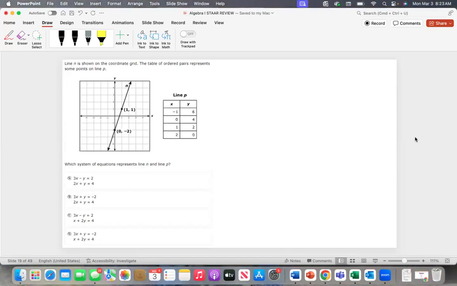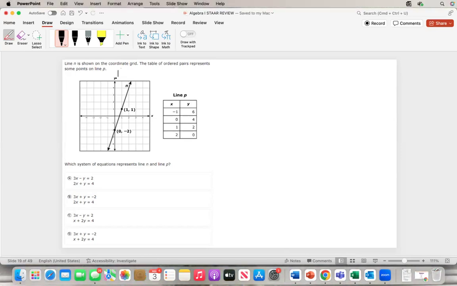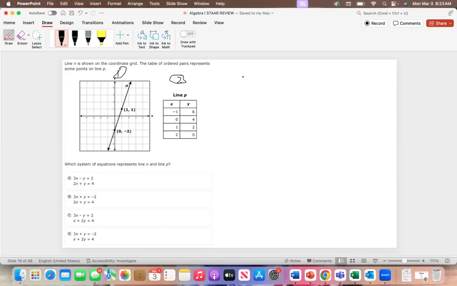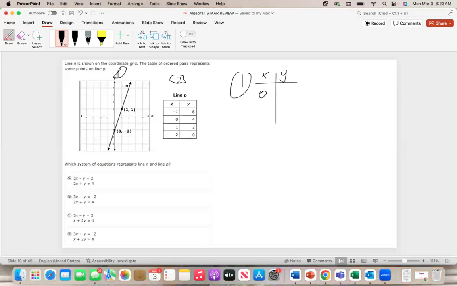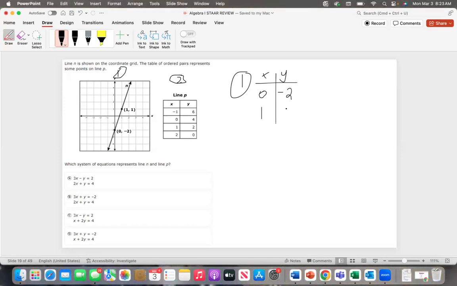All right, so now we have a graph and we have a table. We're going to go ahead and make an equation for both of these, graph and table. So we're going to label this as equation number one and this one as our equation number two. With our equation number one, we have 2 points already for a table. And that's all we really need, just 2 points for a linear table, which is at 0, -2, and 1, 1.